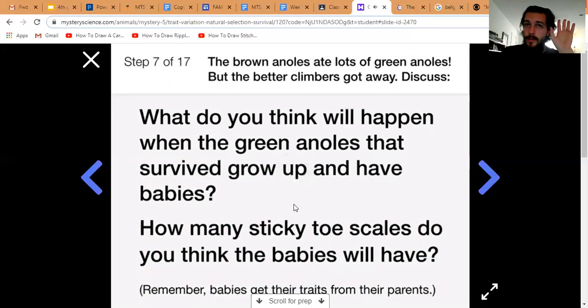So then what happens is you have all these lizards that survived from being around brown anoles. So who's going to mostly survive? Good climbers or not so good climbers? Good climbers, right? So then these good climbers are going to get together and they're going to have babies. And then the babies are most likely going to be like their mom and dad, right? Who else are they going to be like?